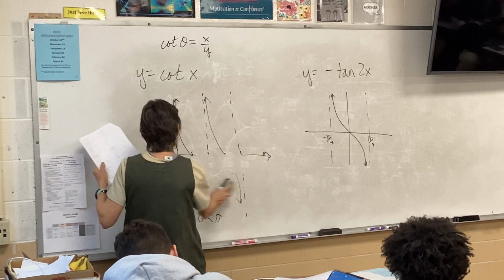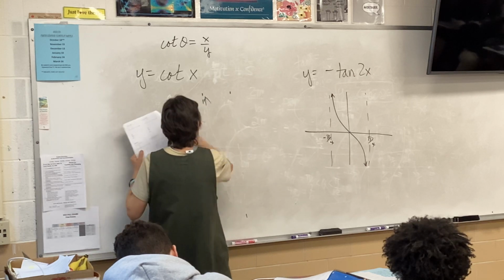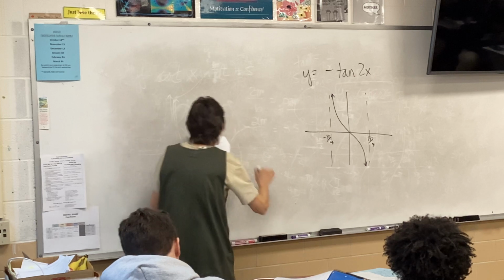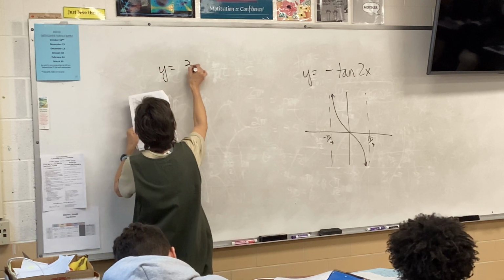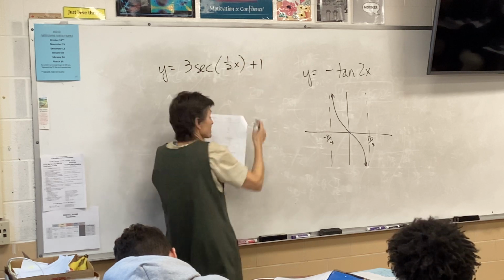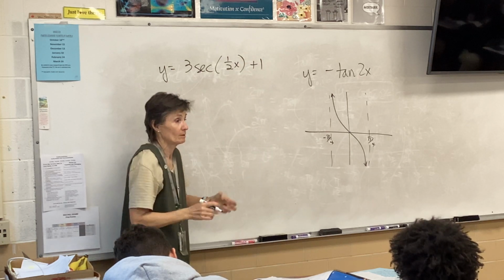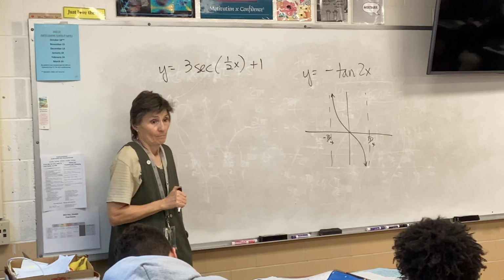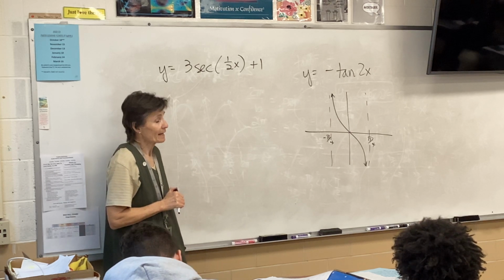All right, let's try B. This one is a secant. So y equals 3 secant 1/2 x plus 1. So let's talk about what's happened here. What have we done? Well, we gotta be careful.